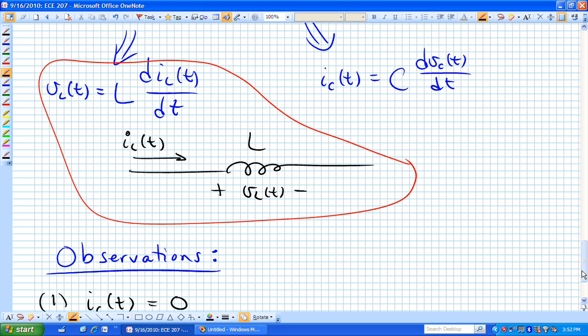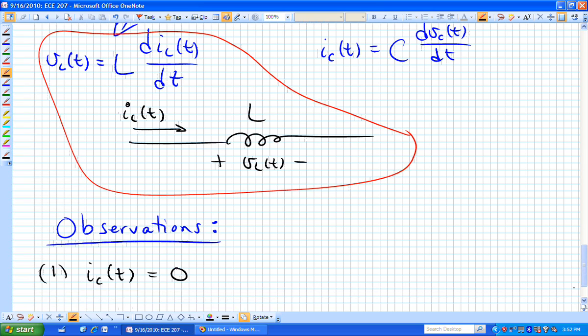If I now say that I sub C of t is 0, what's that telling me about my voltage? When would dV dt be 0? When V sub C is a constant, right? If V sub C is constant, that derivative is 0, and so we have 0 current flowing in our capacitor.